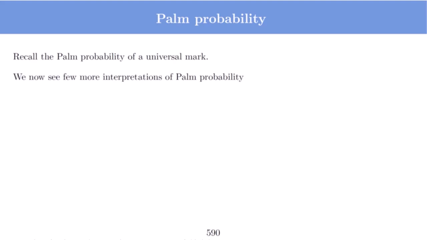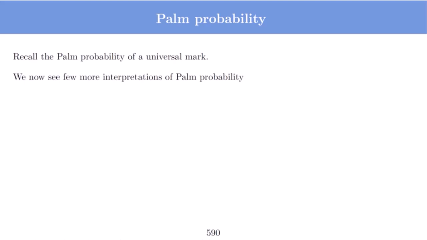So similarly, when we define the universal mark, which is a mark that is a function of the whole point process, then we also talked about what the property of this point process will be when we look from a point. So you have many points and you condition on the location of one point, and the mark is the whole point process around, as viewed from this point.